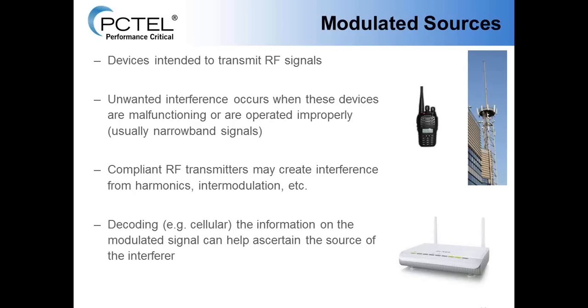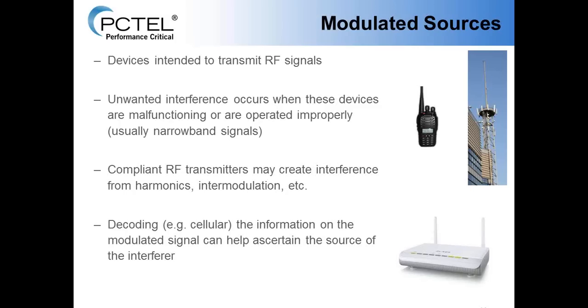This occurs when these devices are acting improperly or malfunctioning, or the operator is improperly using them. And often these are usually narrowband signals coming from these devices when they're operating improperly, or through malfunction.